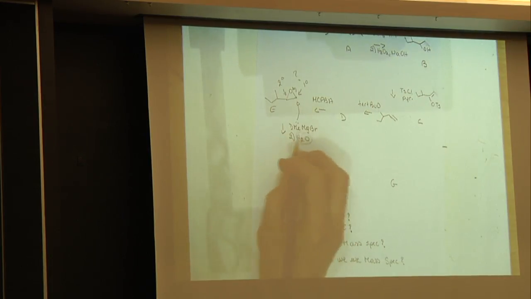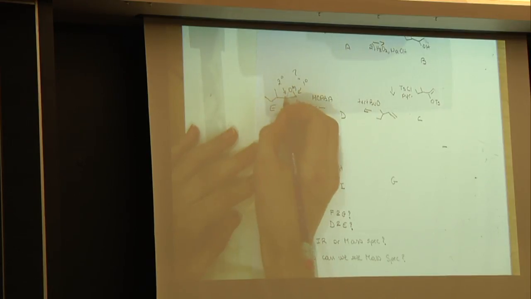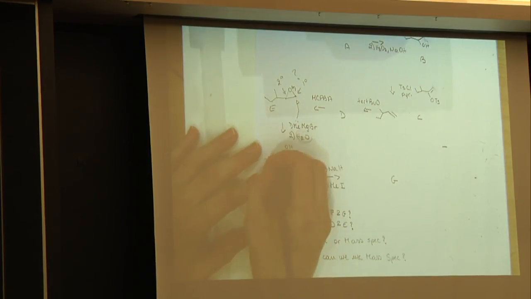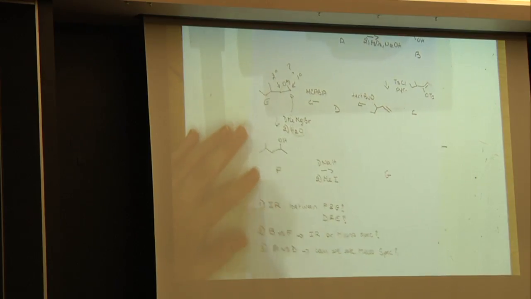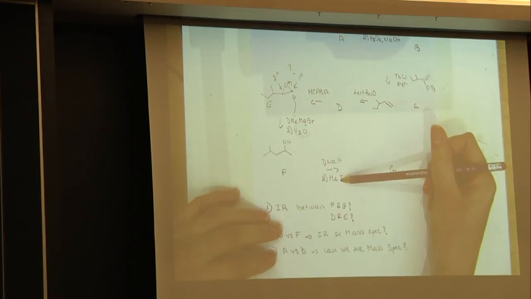Okay, so let's keep track of the carbons. 1, 2, 3, 4, 5. Okay, 1, 2, 3, 4, 5. We have a carbon here, OH, and a methyl here. Okay, so then what's happening here with NaH and methyl iodide?